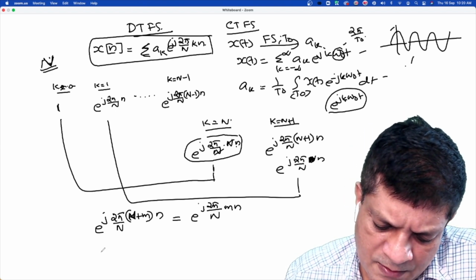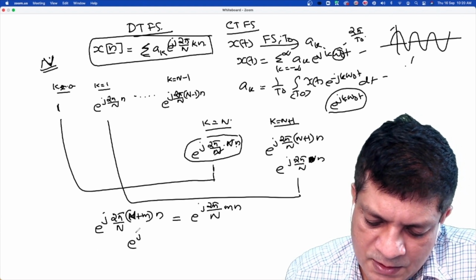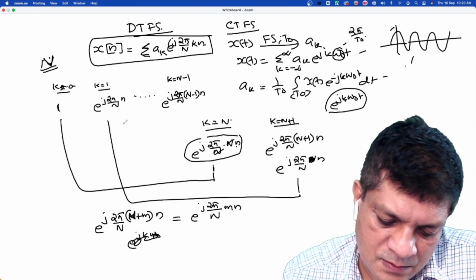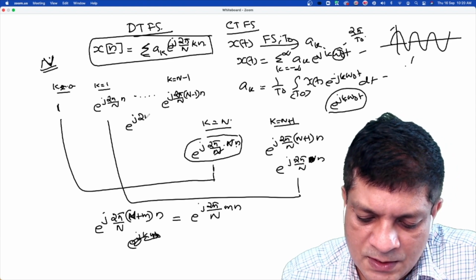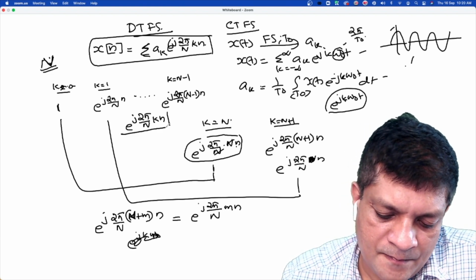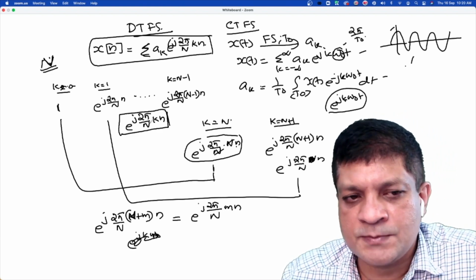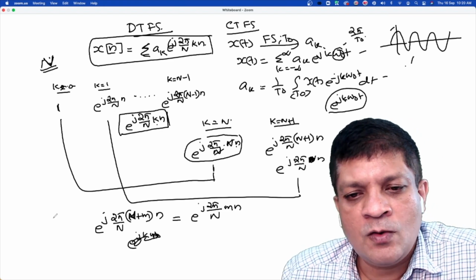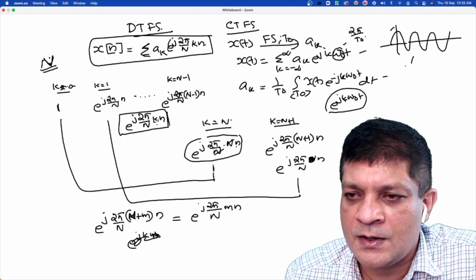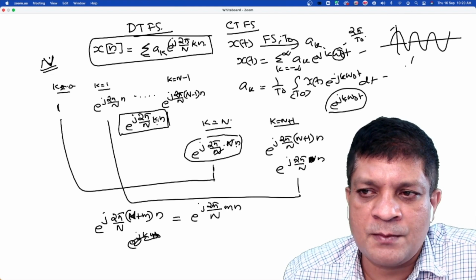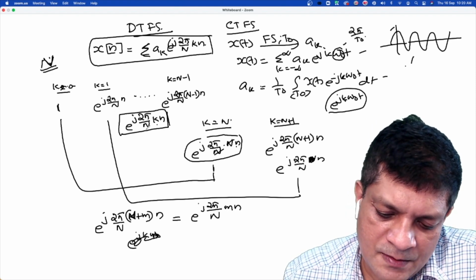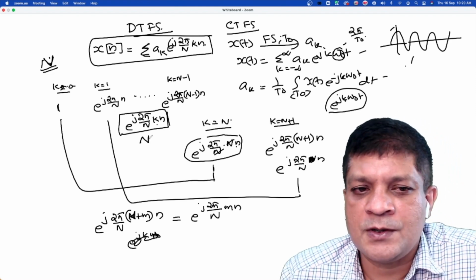So can we say that if you consider this complex exponential e to the power j k omega naught n, okay, so let me write it here, e to the power j 2 pi by N k n, and if you compute these complex exponentials for different values of k, how many distinct harmonics will be there? These are called harmonics, different values of k. How many distinct harmonics are there? There are N harmonics, isn't it?